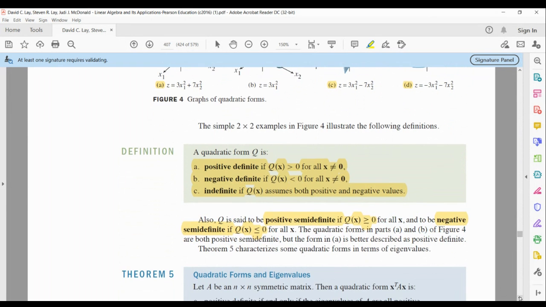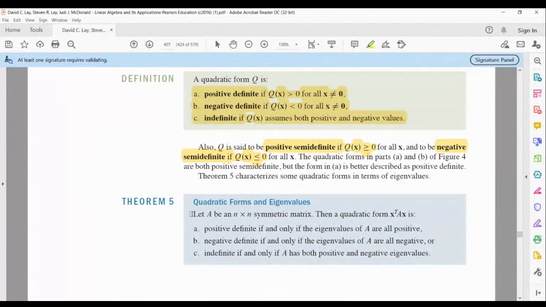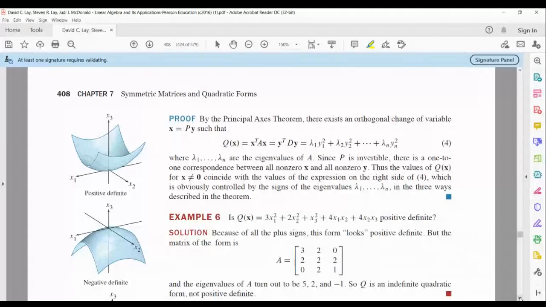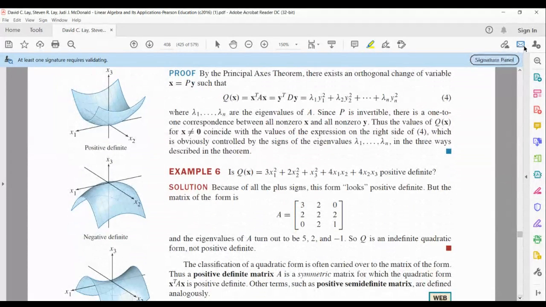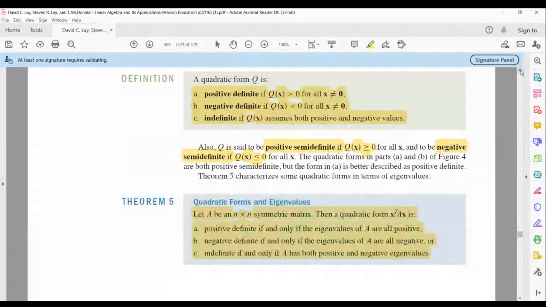This really relates to Theorem 5 here, where they talk about what would classify a quadratic form as positive definite, negative definite, or indefinite. It's sometimes helpful just to see a picture. Sorry, I didn't mean to take that away right away. This is Theorem 5; I'll let you look at it.